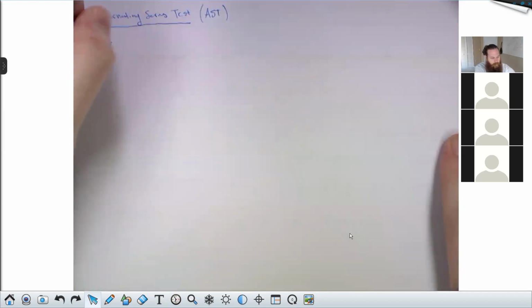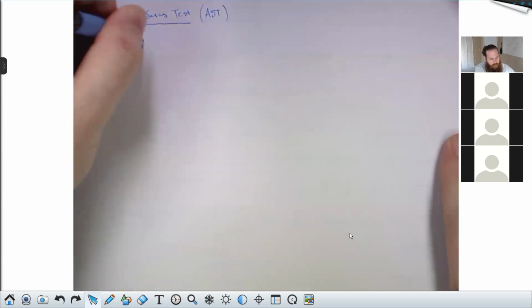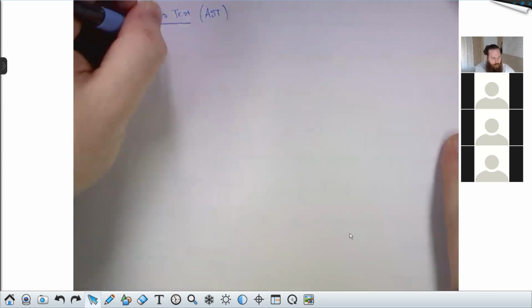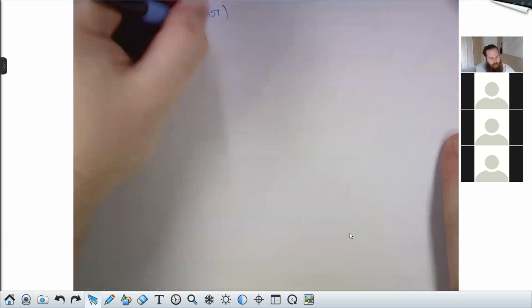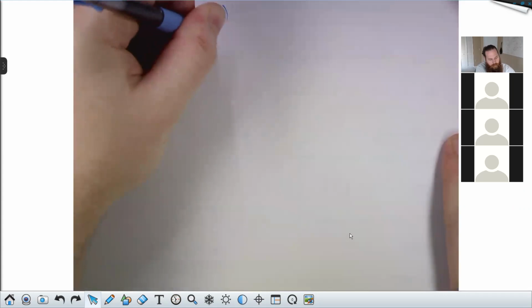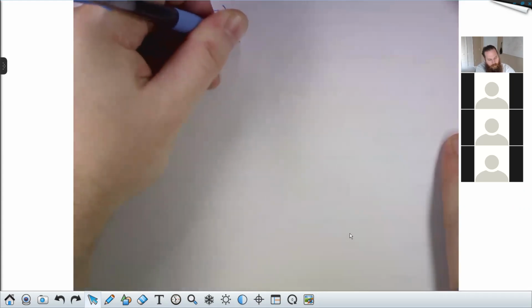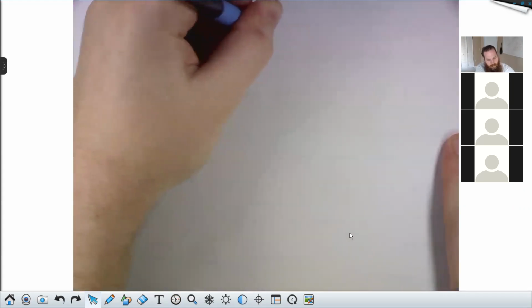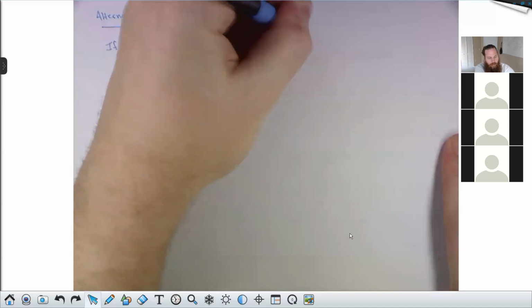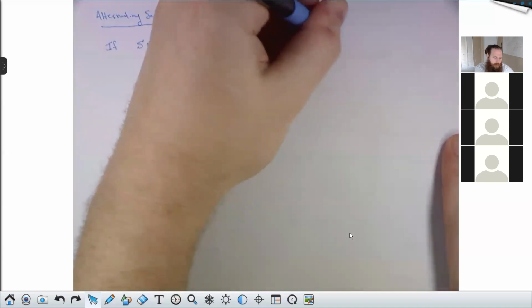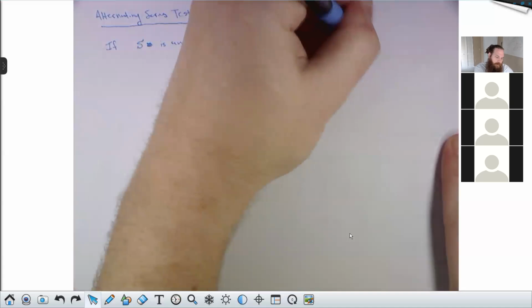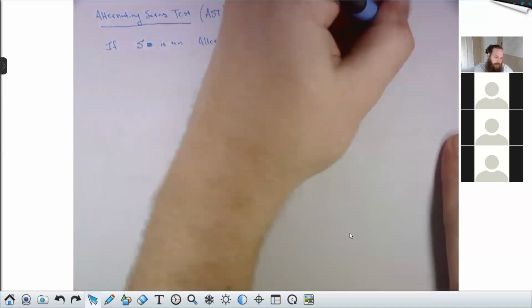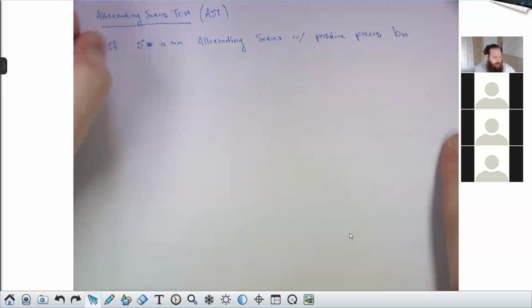It says if S is an alternating series with positive pieces Bn, and two things are true.